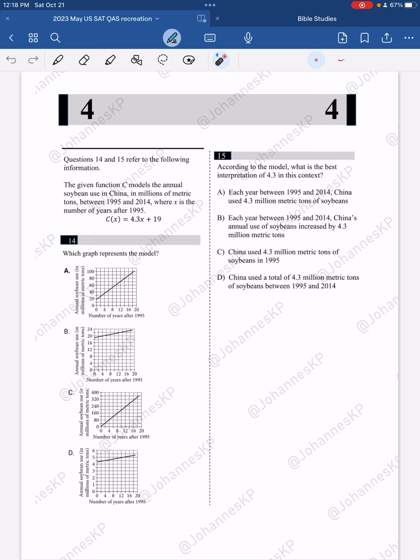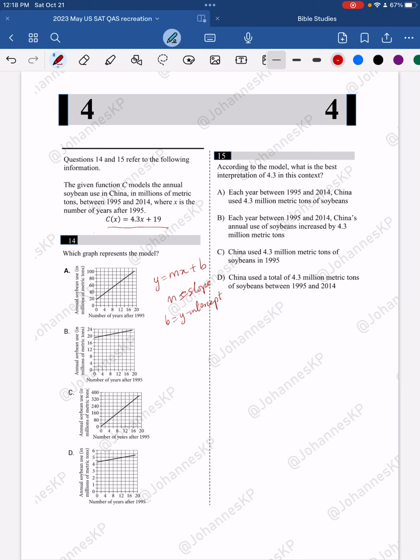Okay, so how do we go about solving this question? We have that C of X is 4.3X plus 19. Now, the equation of a line is y equals mx plus b, where m is the slope and b is the y-intercept. By y-intercept, we mean the point where the line intersects the y-axis.